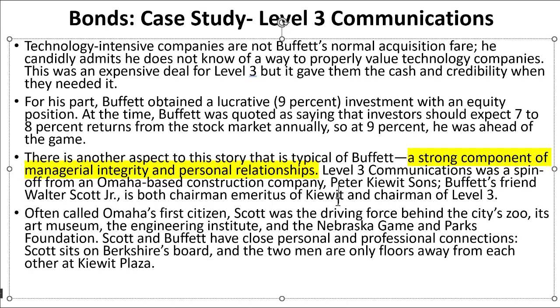He knows the ins and outs of this company, though he is not very comfortable with technology stocks. Since it is debt, he went ahead instead of going for the equities part.